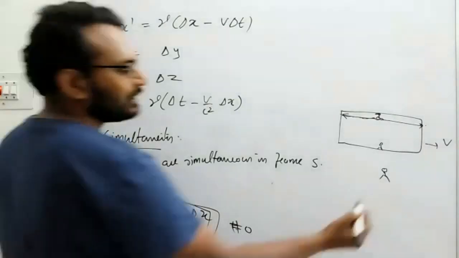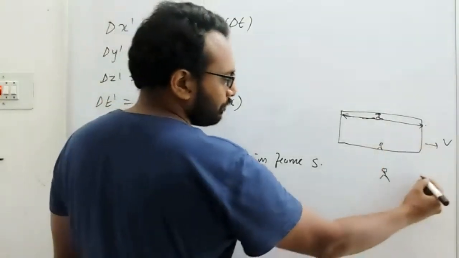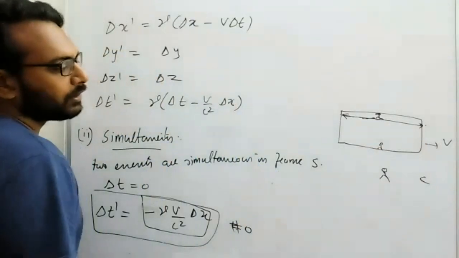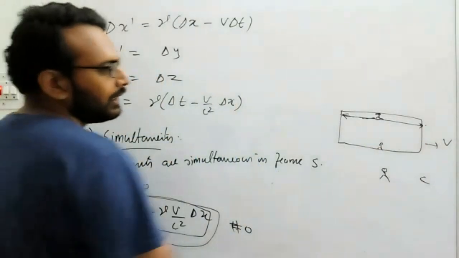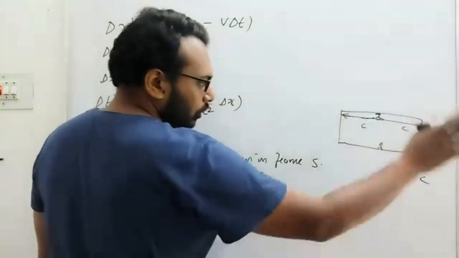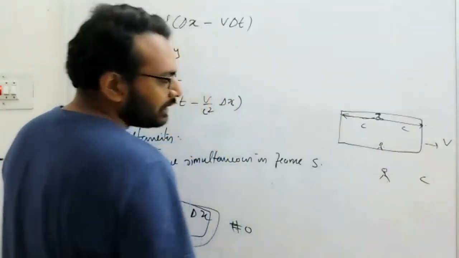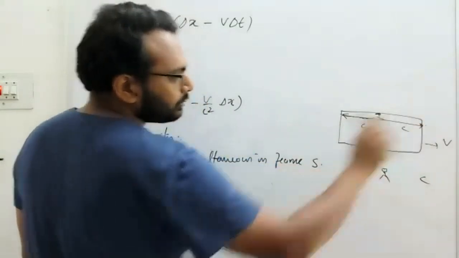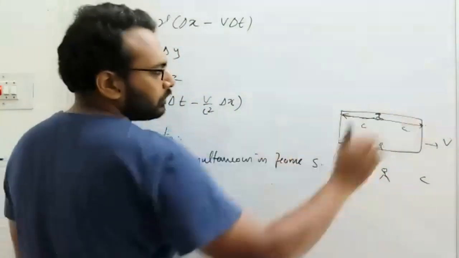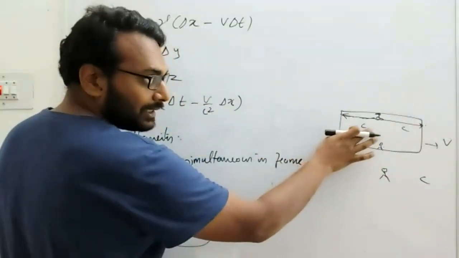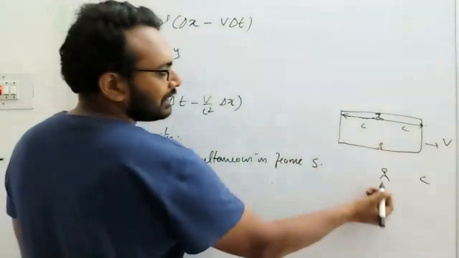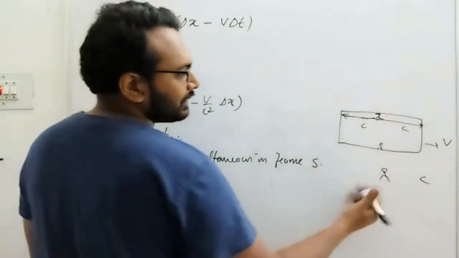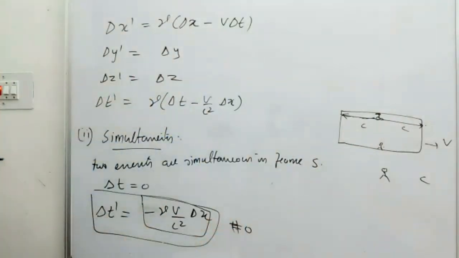I hope this is clear, because this observer also says that light travels at speed c. It is c for all observers. This observer will say that the light is coming here, but the back of the train is moving towards the light bulb, and since c does not change, he will see that the light hits the back end of the train earlier than it hits the front end. So the events are not simultaneous in this frame.